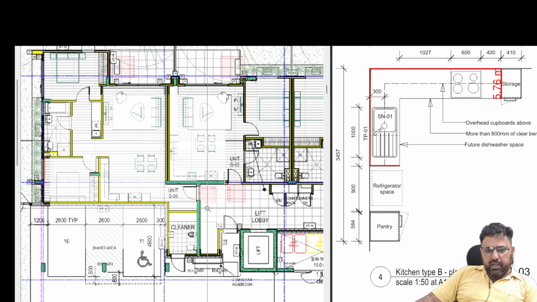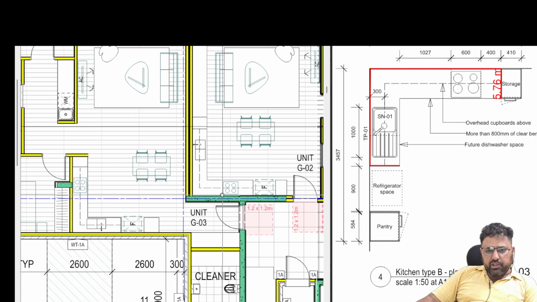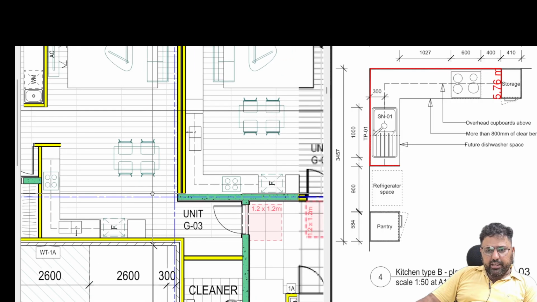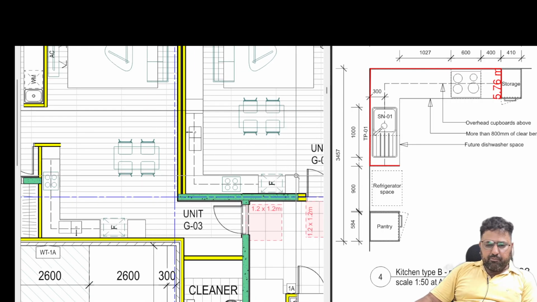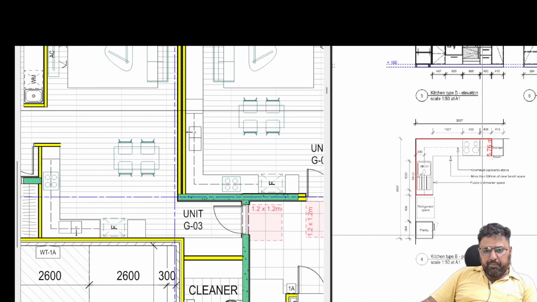Similarly, this is the one kitchen, and if you come here you can check they are not similar. Why? Because the cooktop is here and the sink is here, but here it is different. The rest of the things are the same as your type B plan.